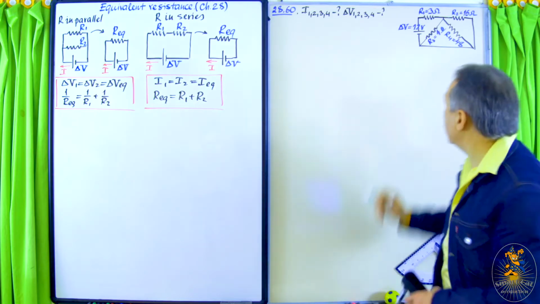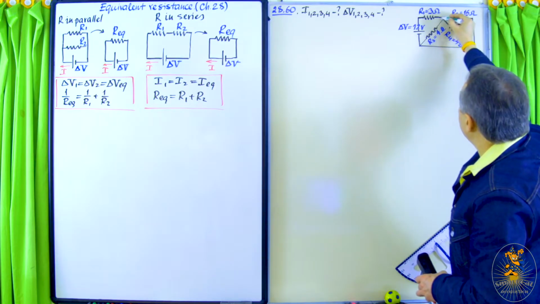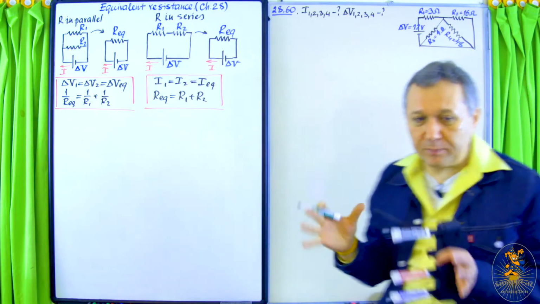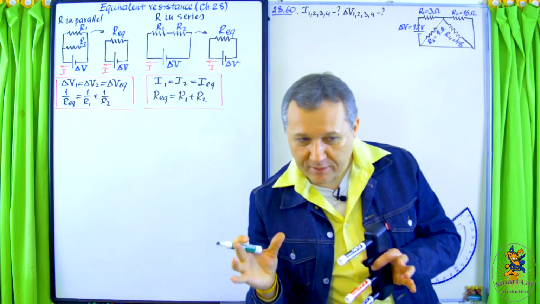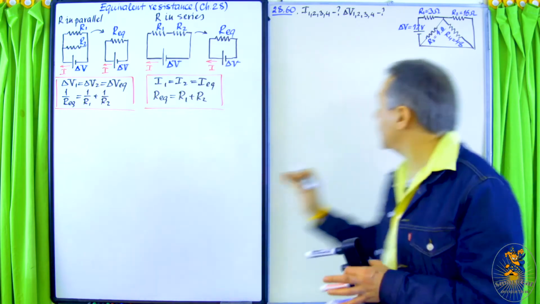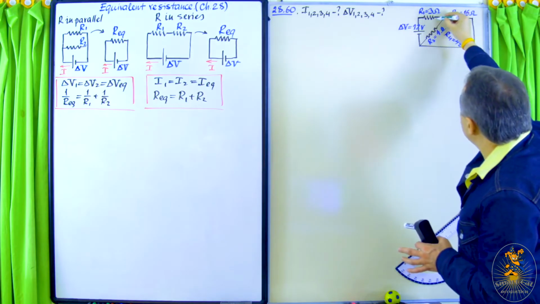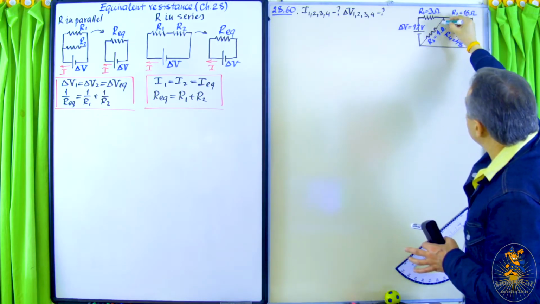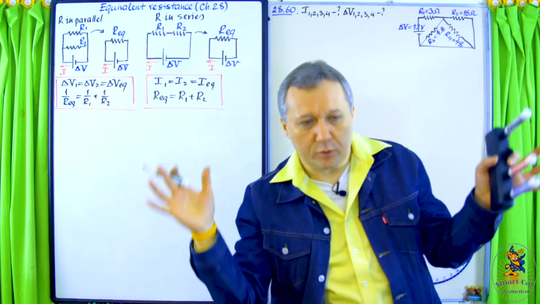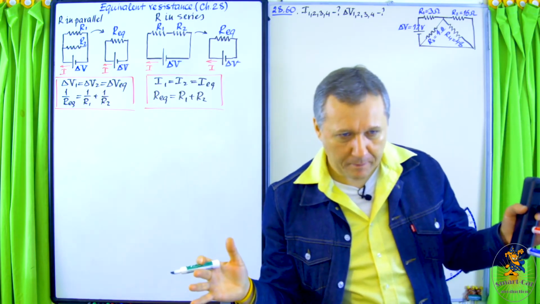Of course, they're exactly at the same potential, because these are just one big solid piece of metal, which doesn't have resistance. So all the points on this piece of wire and this piece of wire are at exactly the same potential. Maybe let's say 9 volts or maybe 6 volts, whatever.